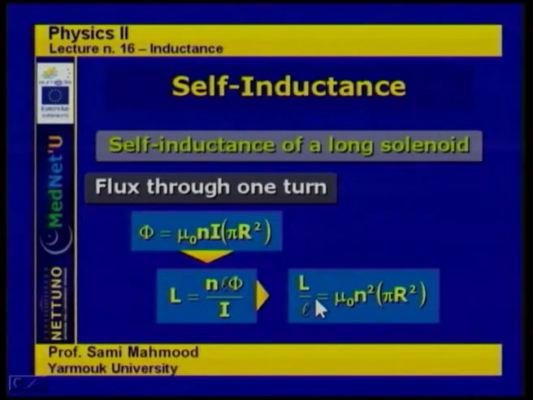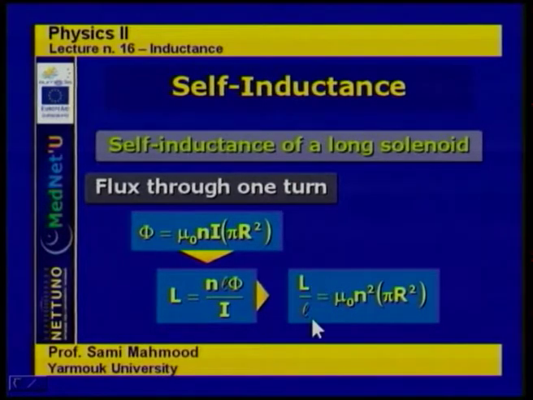So we can define the inductance from this result. We can define the inductance per unit length of the solenoid, because this is a characteristic property of the solenoid itself.